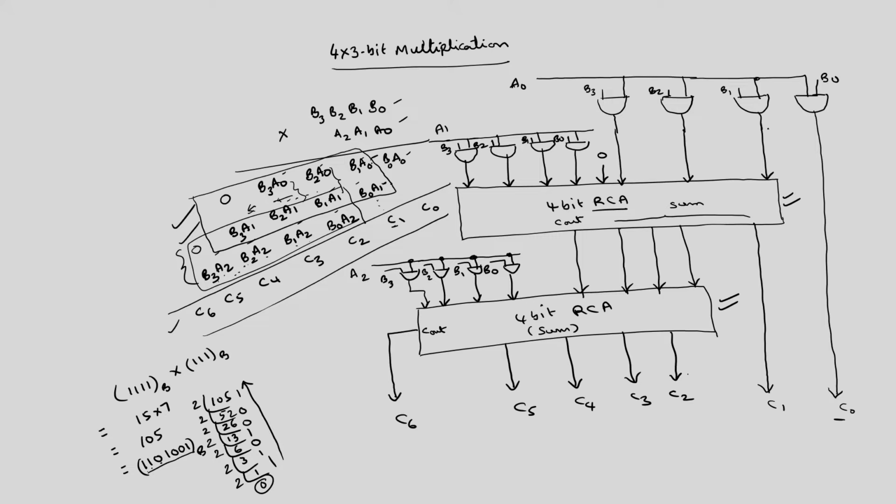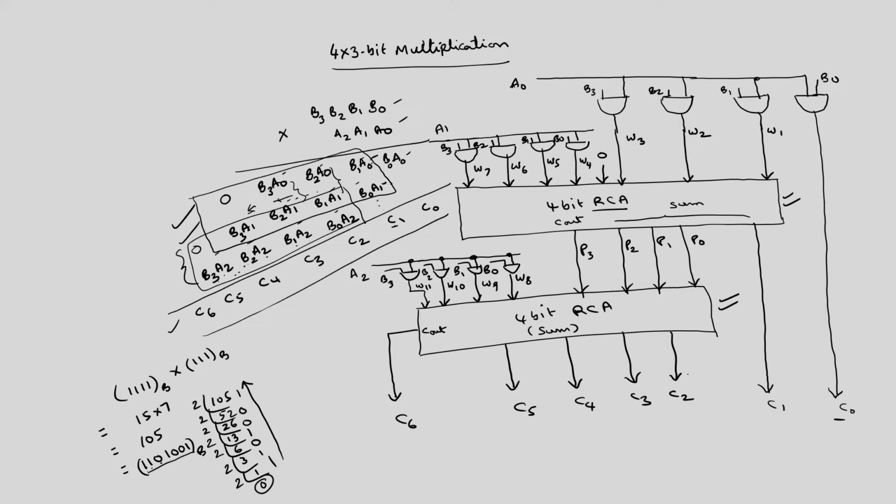We can call these wires W1, W2, W3, W4, W5, W6, W7, W8, W9, W10, W11. These wires you have to define, and in addition to that this also you have to define as wires. Let us call this one P3, P2, P1, P0.